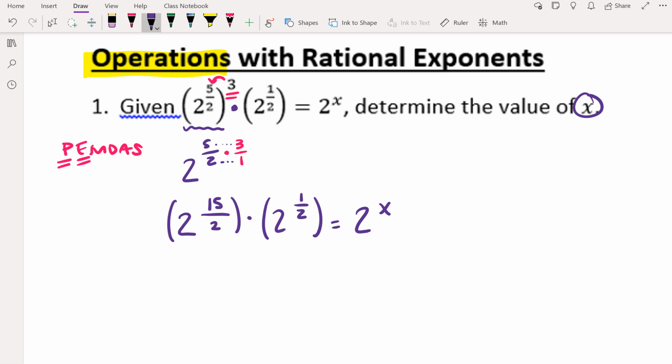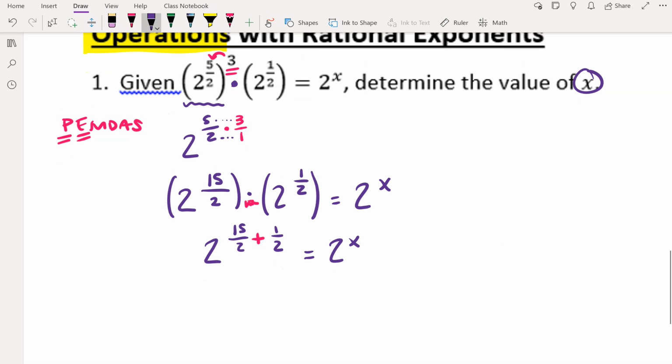Okay, now what should we do? If we have multiplication and then we have these exponents, what do we do with our exponents when we're multiplying? We add our exponents. So now we're going to add our exponents. So let's go ahead and do that. We get, I'm going to write it all out, 2 to the 15 over 2, we need to add, plus, because of this multiplication, we need to add 1/2 equals 2 to the x.